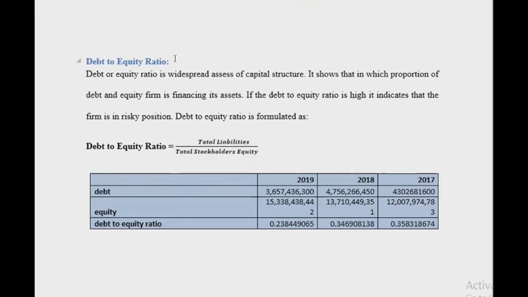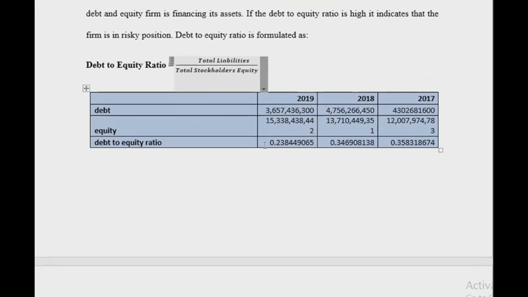So the debt to equity ratio tells you the breakdown of the capital structure of the business. It means how much debt has been taken in our total capital structure. The formula is total liabilities over total shareholders' equity. It is 0.23 in 2019.